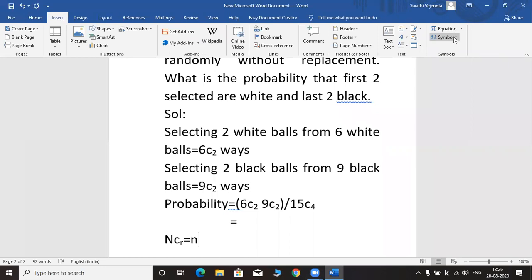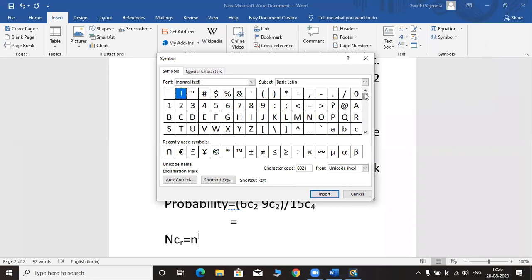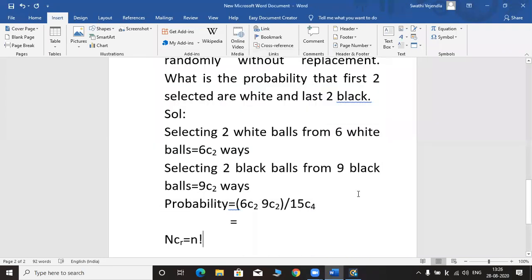Go to symbols. N factorial divided by n minus r factorial into n minus r factorial.